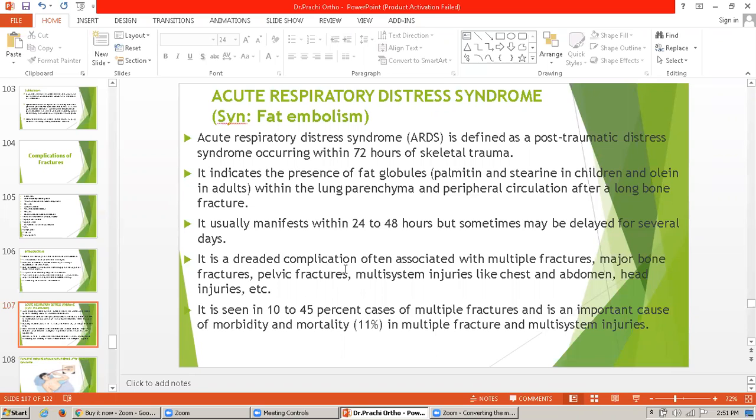ARDS is a dreaded complication often associated with multiple fractures, major bone fractures, pelvic fracture, and multi-system injuries like chest, abdomen, and head injuries.